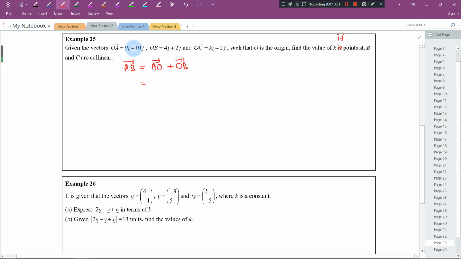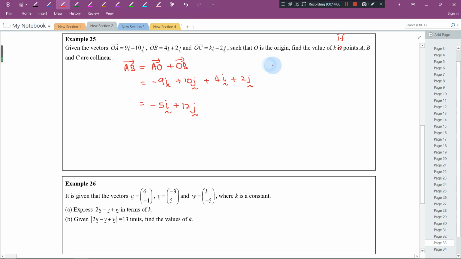Positive becomes negative, negative becomes positive. Plus OB, just copy 4i plus 2j. Then negative 9 plus 4 gives negative 5, 10 plus 2 gives 12j. So AB is negative 5i plus 12j.